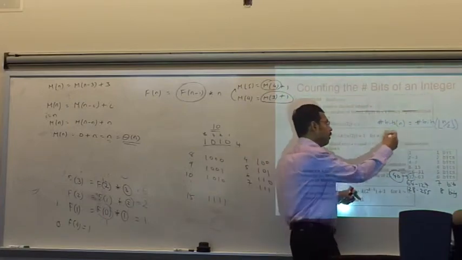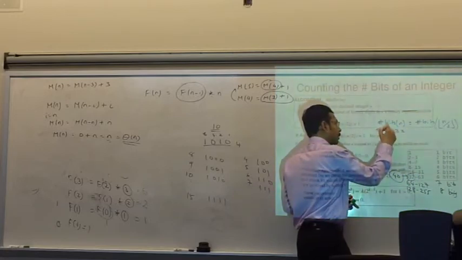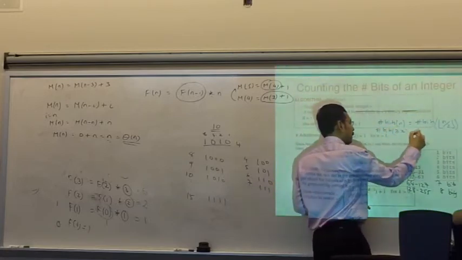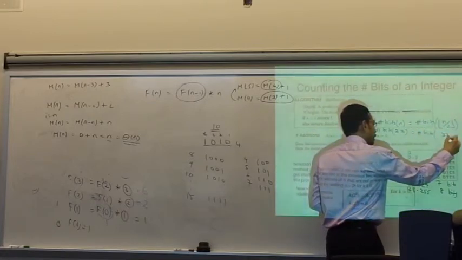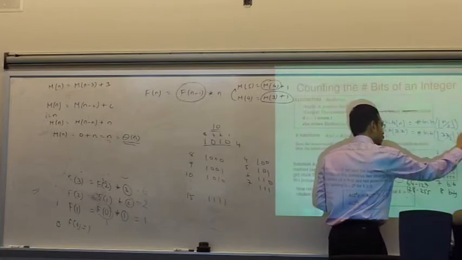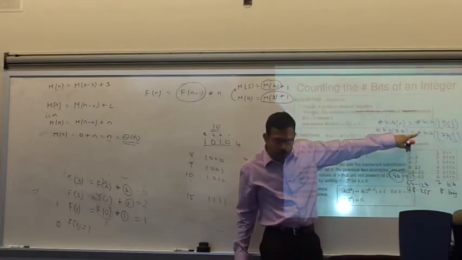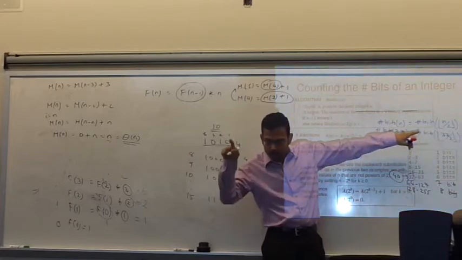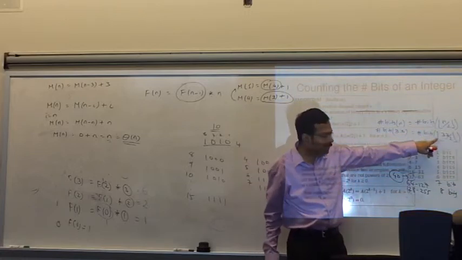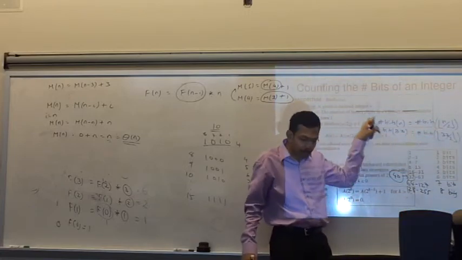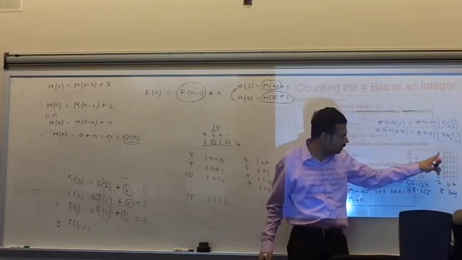Because if you want to find the number of bits needed for 33, it's basically the number of bits needed for 33 over 2 with the floor, plus 1. 33 over 2 is 16.5, and if you take a floor, you're removing the fractional part. So the number of bits needed for 16, whatever it is, plus 1 more bit. That's what this shows you.